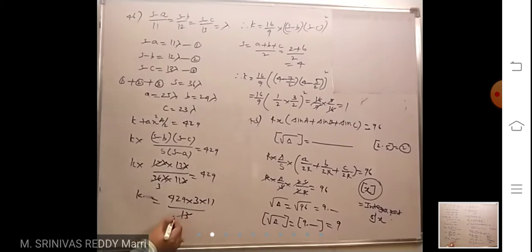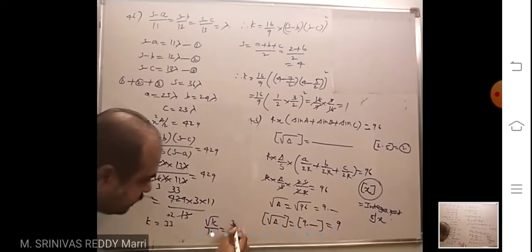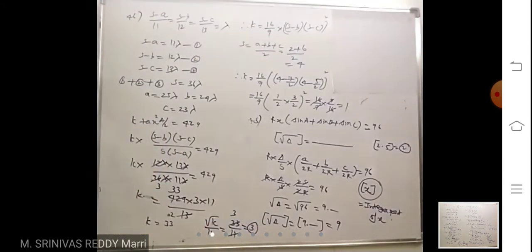So 13 once, 13 threes, 13 into 33. Therefore, K equals 33 into 33, 33 whole square. So K is nothing but 33 whole square. What he is asking is root K divided by 11. Root K divided by 11 is nothing but root K means 33 divided by 11. So 11 ones, 11 threes. 3 is the answer.